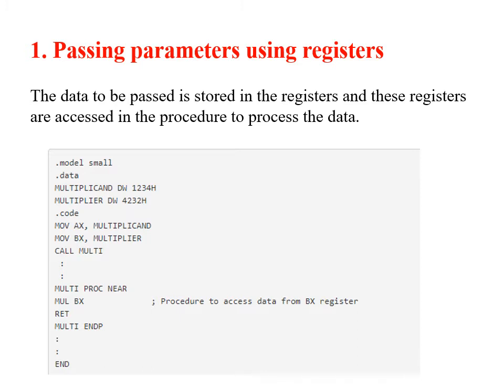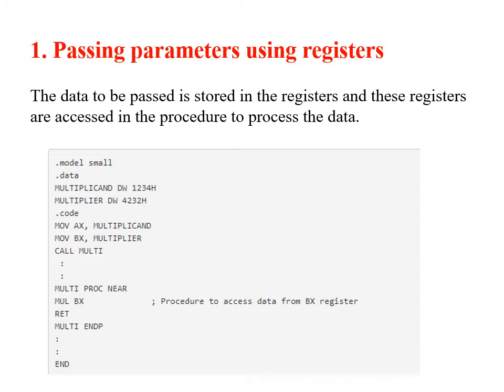What is inside that? We are using the mul command, mul bx. But what does mul bx mean? It will multiply the value of bx with the value of ax. Here ax is not specifically written, but it is understood that one of the operands is ax.